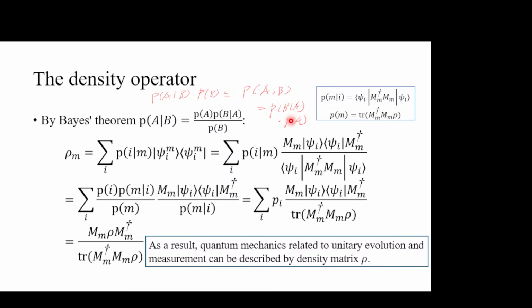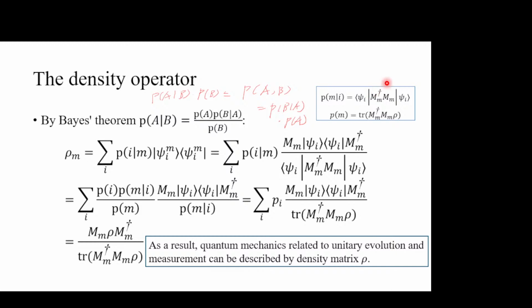Now we want the probability p of i conditioned on m, and we actually know all three other things. The probability of i conditioned on m is the probability of i divided by the probability of m, times the probability of m conditioned on i. We have all those things here. The probability of i is just a given: it's the input probability of each state i.